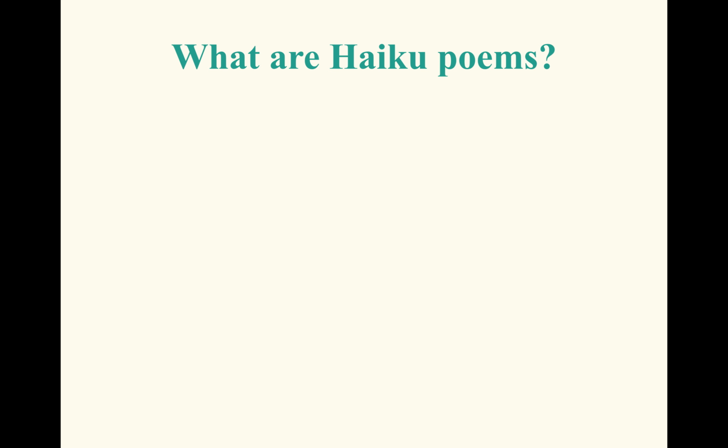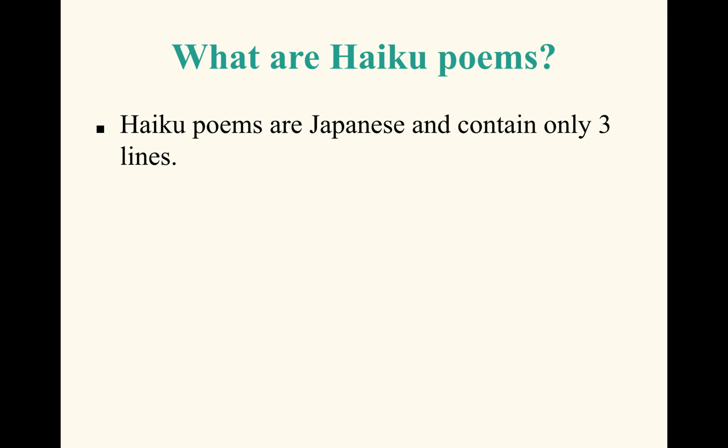They're pretty much 3 lines. But what else did you notice? Okay, so haiku poems, they're actually from Japan, so they're Japanese in origin, and they only contain 3 lines. That's it. Hopefully you all got that there's 3 lines.